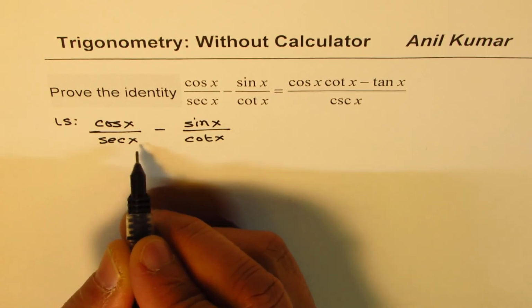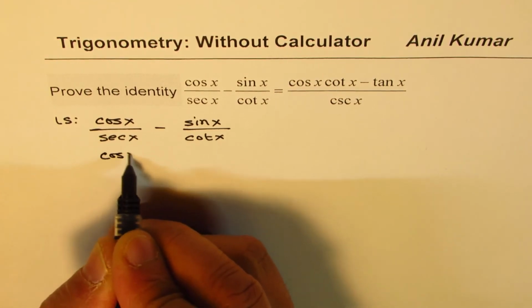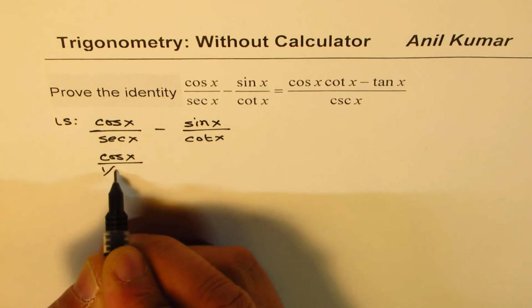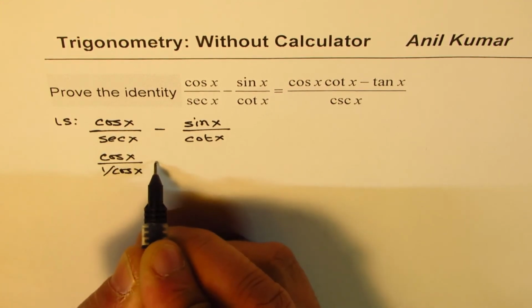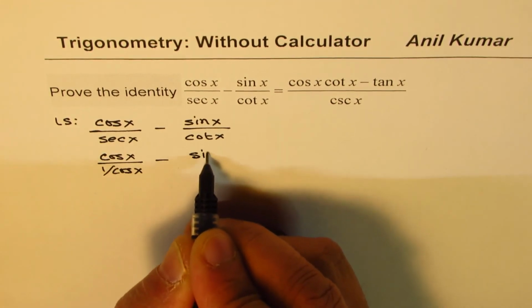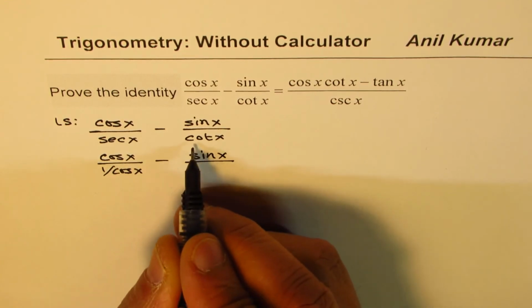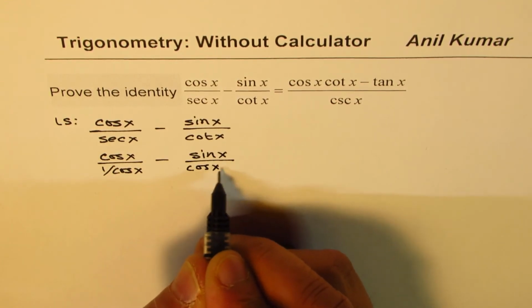Now secant x is 1 over cos, so I could write this as cos x over 1 over cos x minus sin x over cotangent, which is cos over sine, right?